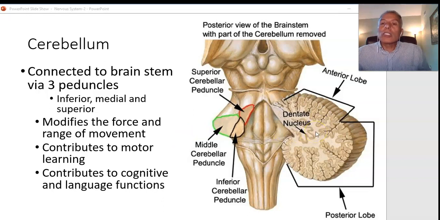The functions, in terms of physiology, of the cerebellum: it contributes to our fine motor control. So, for example, you have a motor command coming from the cerebral cortex. Move your toe, your big toe, for example.